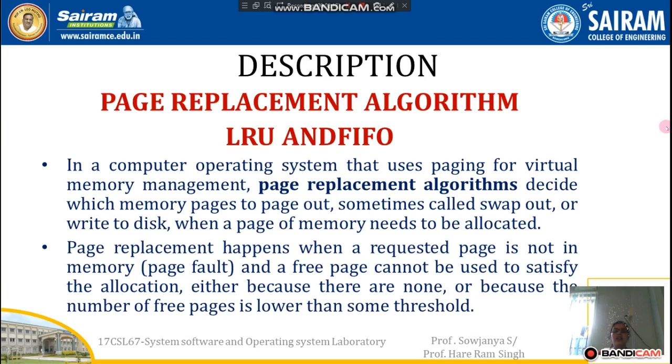That means the particular page which has been requested has been missed. And a free page cannot be used to satisfy the allocation, either because there are none, or because the number of free pages is lower than the threshold. Let us discuss with an example, then we will clearly understand what the page replacement algorithm is and how we can implement it using FIFO and LRU.